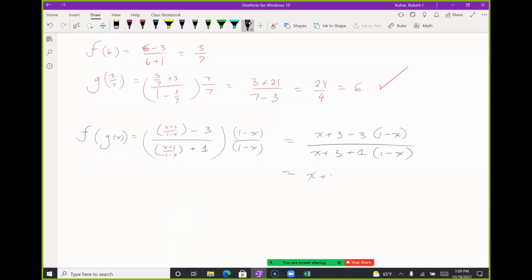So I get x plus 3 minus 3 plus 3x over x plus 3 plus 1 minus x. And it looks like my 3's will cancel here, my x's will cancel here. So I get 4x over 4, which is x. Right? Everybody okay there? Nice.